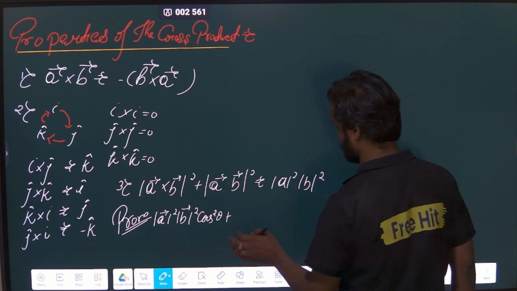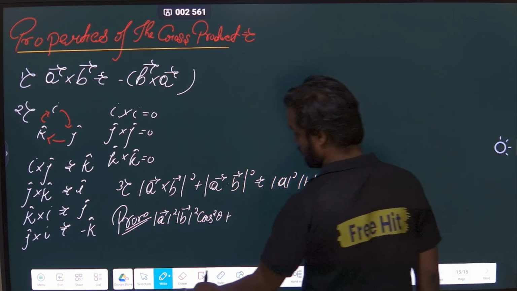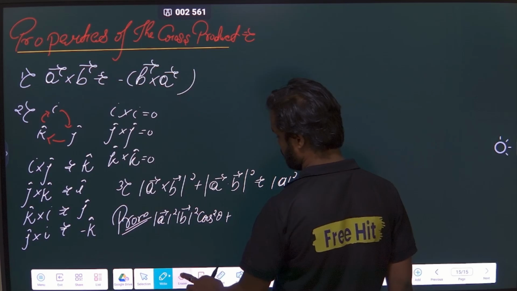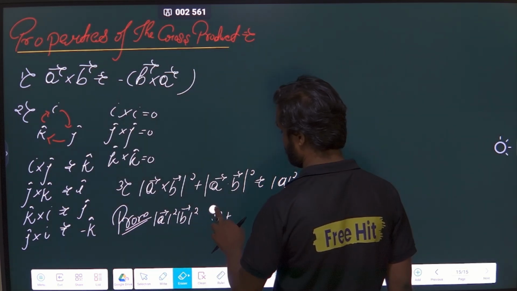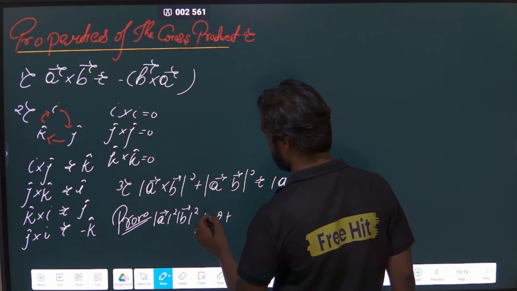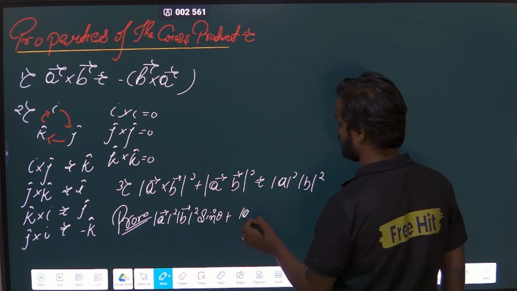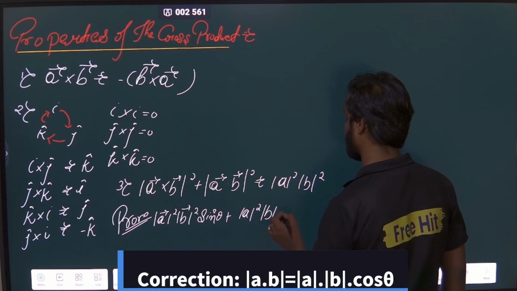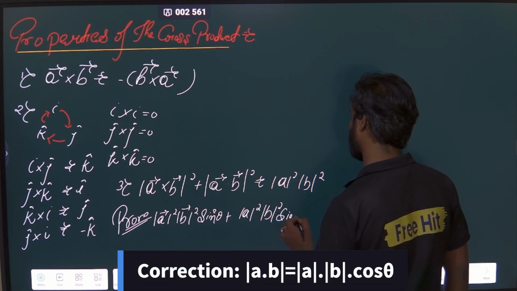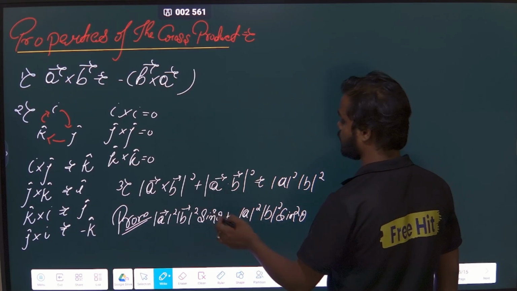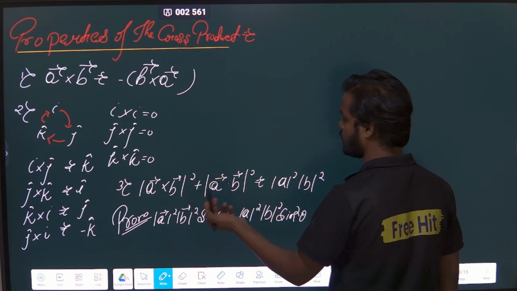Sorry, not cos square theta. You get sin square theta. Similarly here also, mod of A square, sin square theta. Theta does not come here because the mod will be 1, as it is a unit vector.